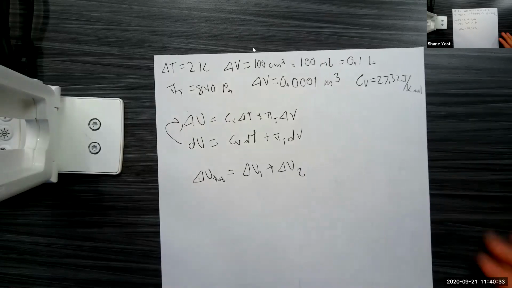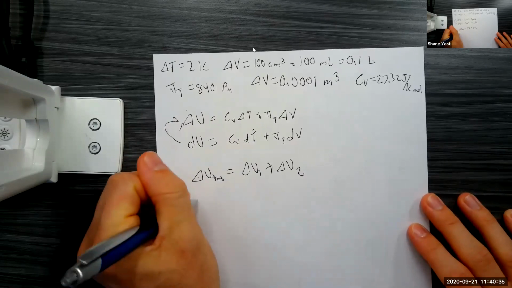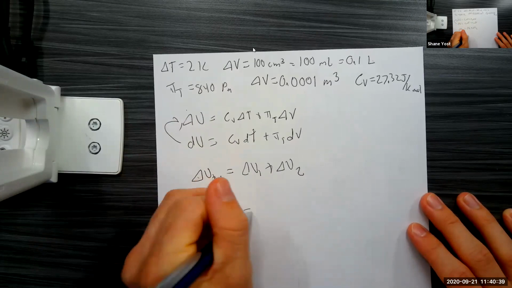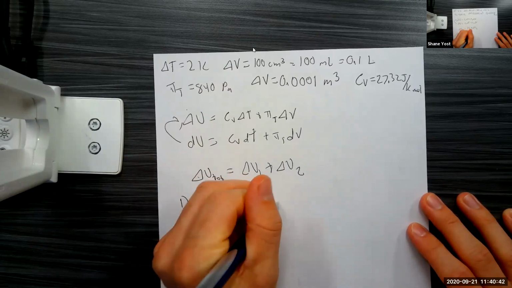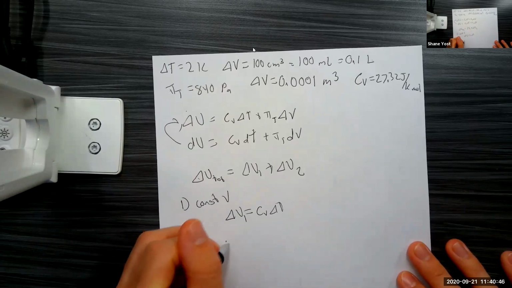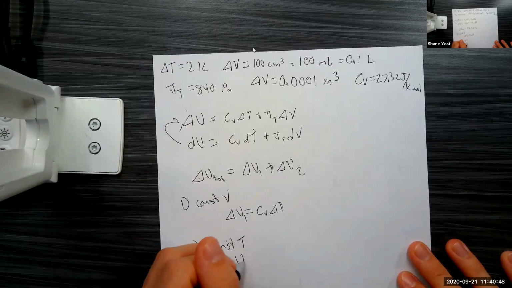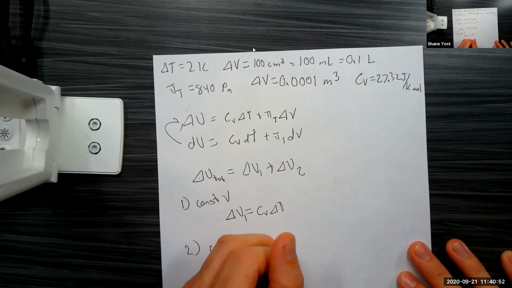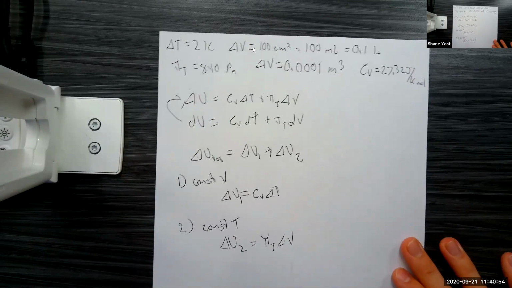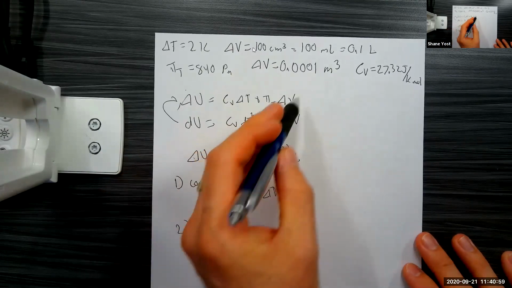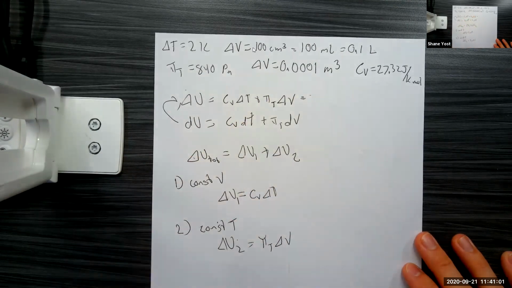In step one, I do a constant volume process where delta U1 is just CV delta T. Then for step two, I do a constant temperature process where delta U2 would be pi sub T delta V.